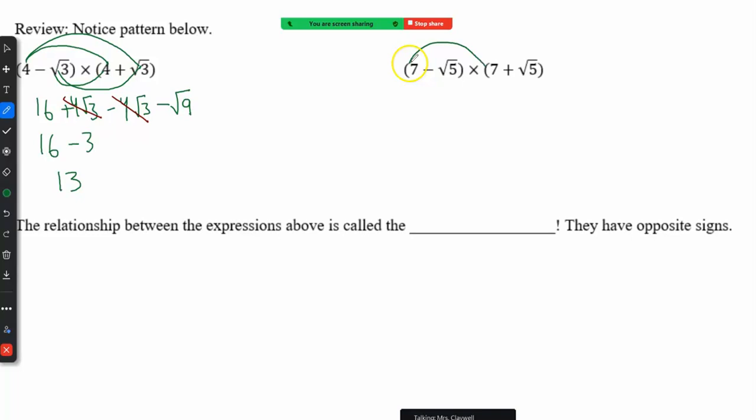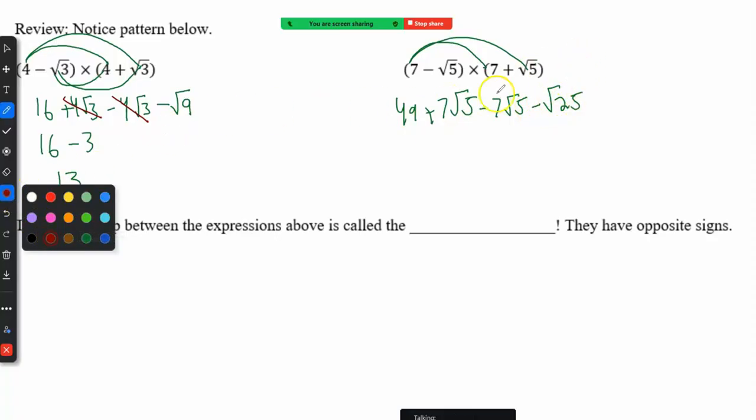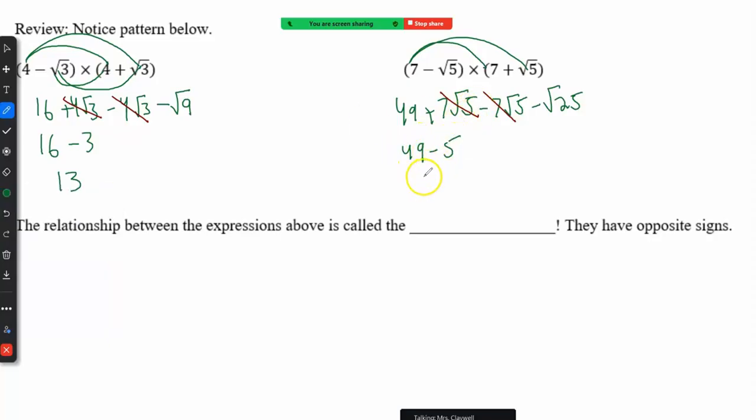Let's see if that pattern continues here. So 49 minus 7 square root 5, or plus 7 square root 5 minus 7 square root 5 minus square root 25. Those would cancel out. I get rid of the square root. 49 minus 5 is 44.